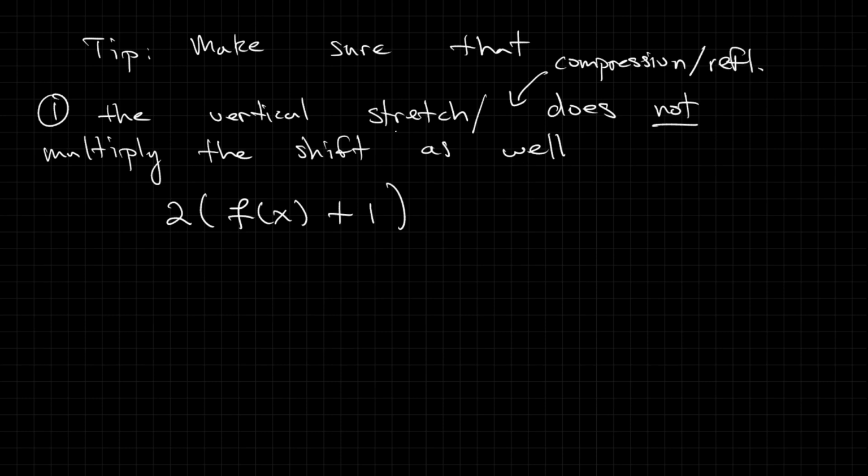So make sure that anything corresponding to the stretch, reflection, or compression does not also multiply the shift. So for example, what I have here, 2 times f of x plus 1, the stretch is here. It multiplies both f and the shift. We do not want to see this.